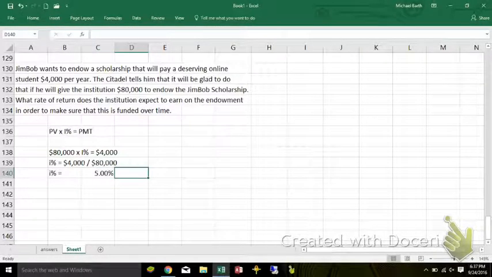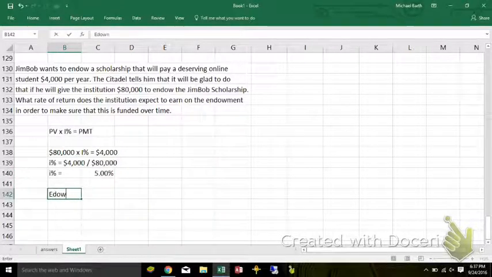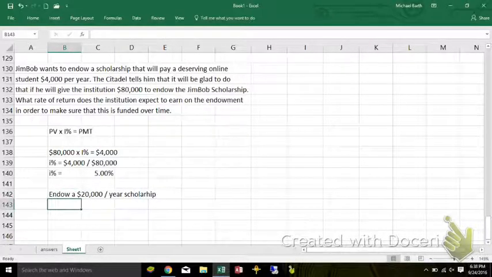So if you wanted to endow a scholarship of, say, $20,000 a year, then you need to give them a present value where if you earn 5% on it per year, it'd be enough to make your payment.